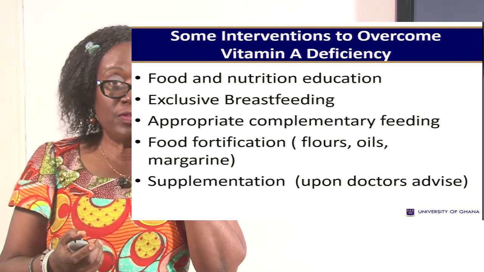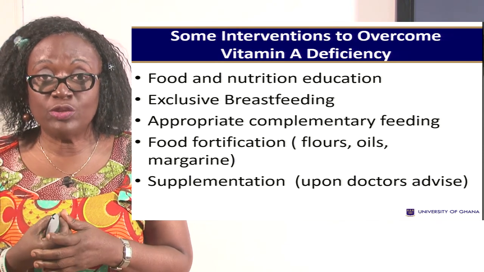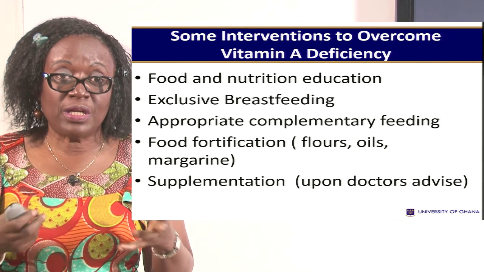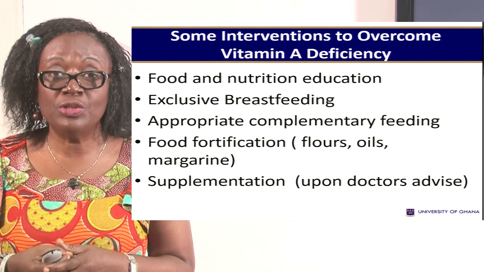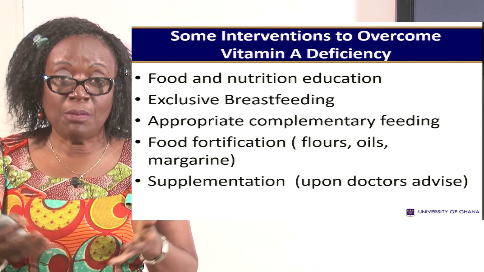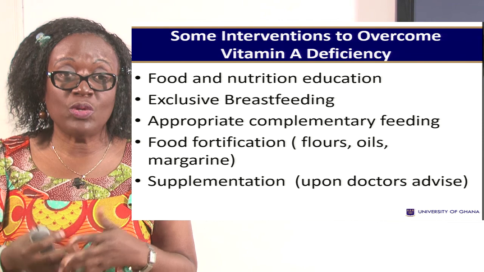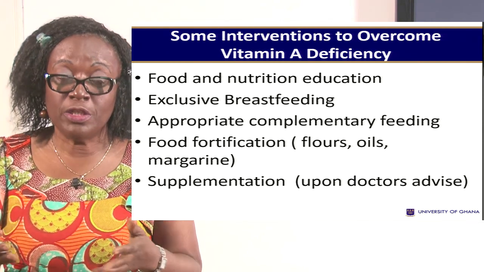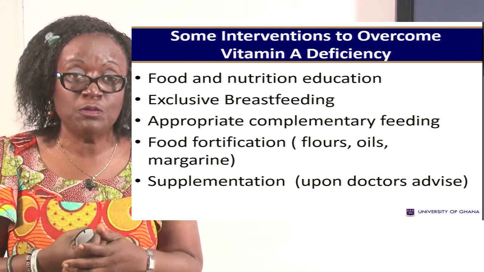What are some of the interventions that can be done? Some are ongoing. Food and nutrition education is key for a nurse to be able to help mothers. Practice of exclusive breastfeeding. If the mother is eating very well, the breast milk will be rich in vitamin A and she can feed the baby without much of a problem. Appropriate complementary feeding, meaning that we are giving foods that are rich in pro-vitamin A, such as giving the child pawpaw, giving the child mango, using green leafy vegetables to make the foods for the child.